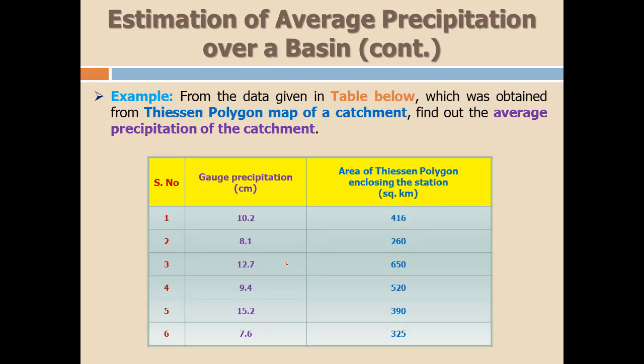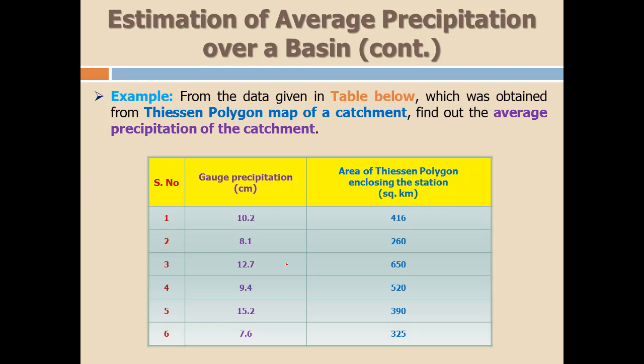Next example, this is just the same example. The only difference is that here the data is given in the tabular form. Here the map is not given, we just know the data, and we will calculate the average precipitation from this data.